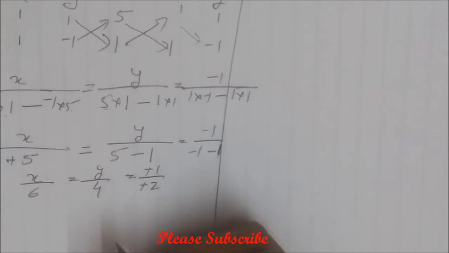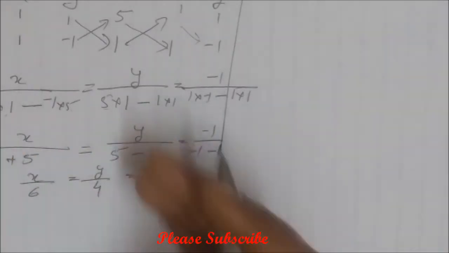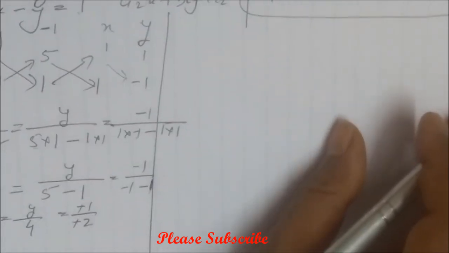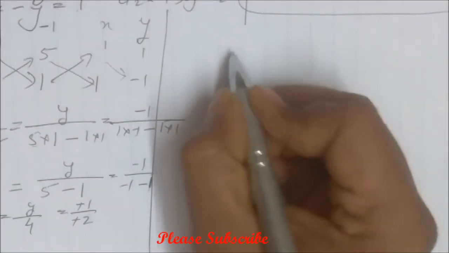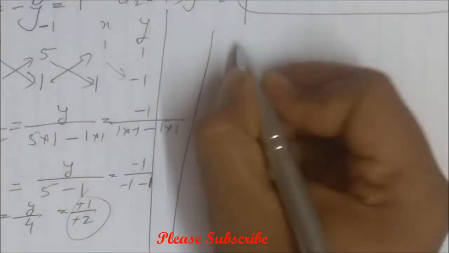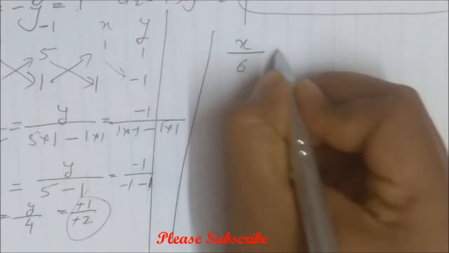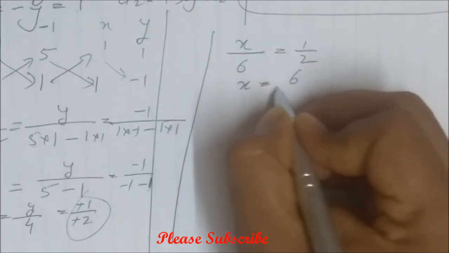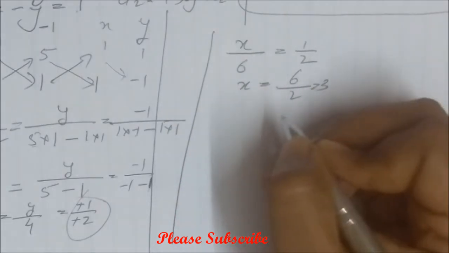Now from here onwards we are separating x and y. We take first x and this constant: x by 6 is equal to 1 by 2, or we get x is equal to 6 by 2 is equal to 3.